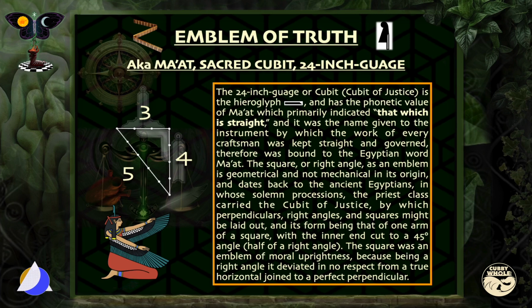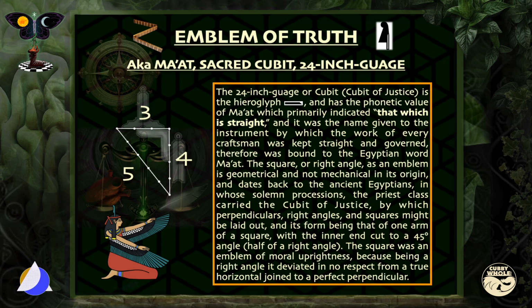The square or right angle as an emblem is geometrical and not mechanical in its origin, and it dates back to the ancient Egyptians, in whose solemn processions the priest class carried the cubit of justice, by which perpendiculars, right angles, and squares might be laid out, its form being that of one arm of a square, with the inner end cut to a 45-degree angle, which is half of a right angle. Okay, so this is half of a Masonic square.